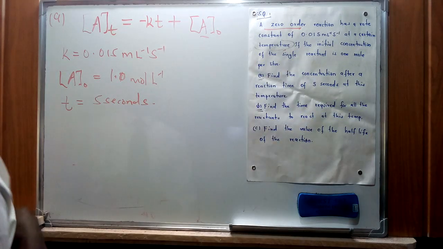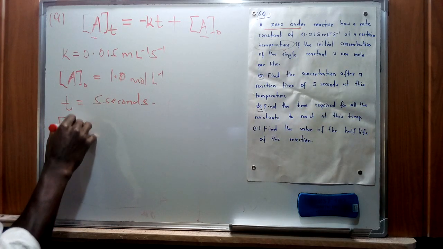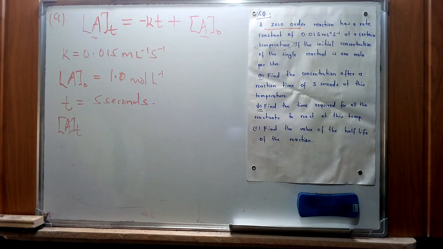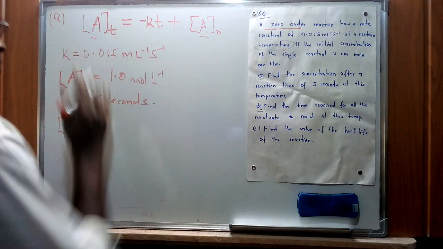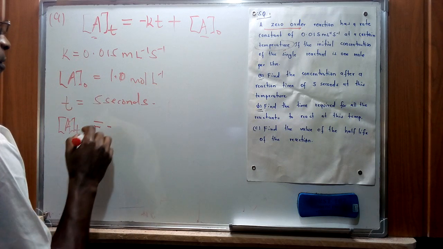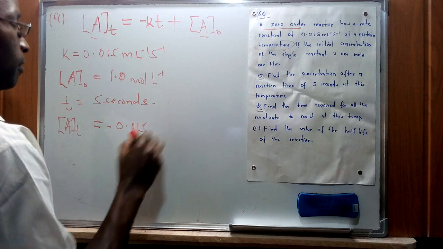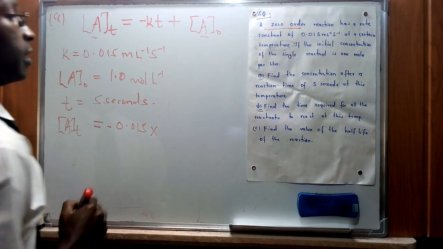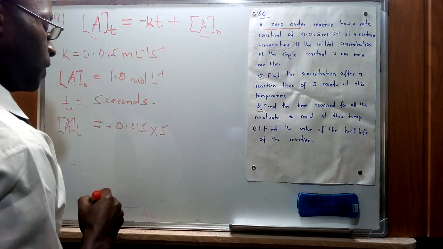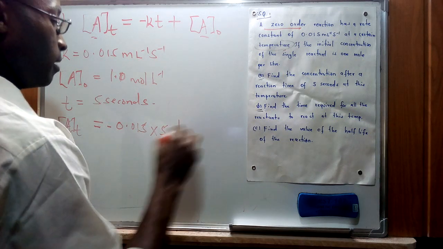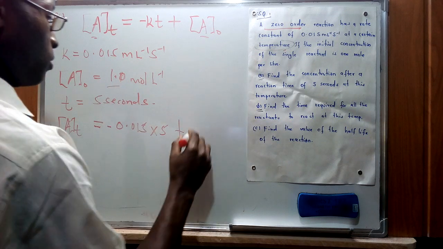So we've been requested to find the concentration at t, which of course we have said is equivalent to, we do a substitution for this negative reaction constant 0.015 times t, 5 seconds, plus the initial concentration, given as 1, so we are going to have 1.